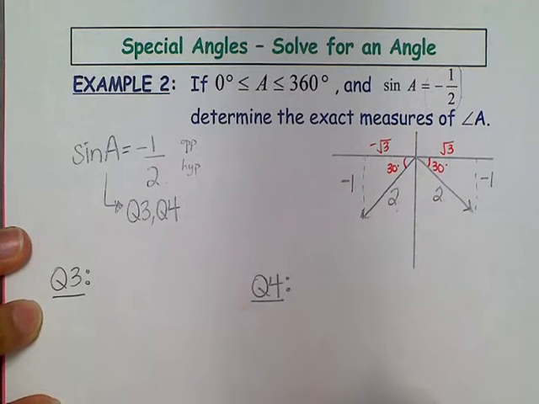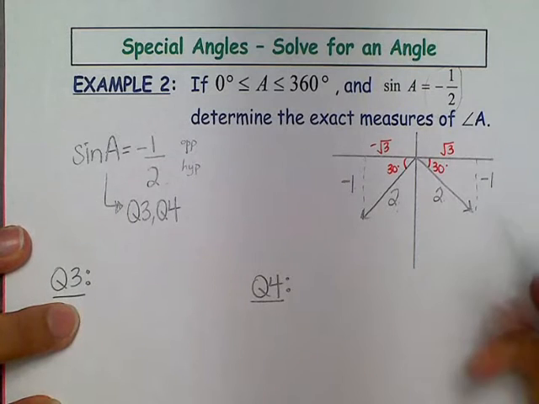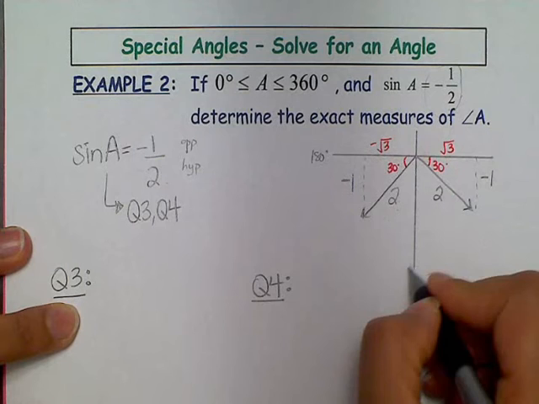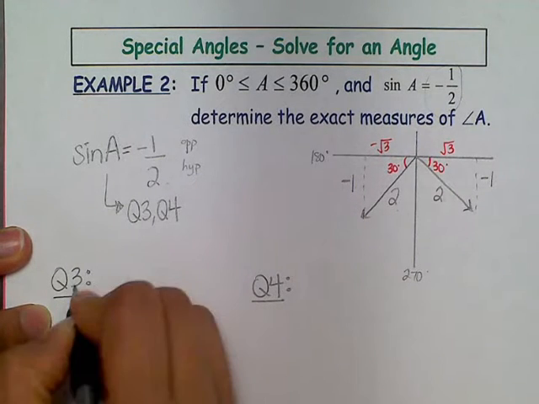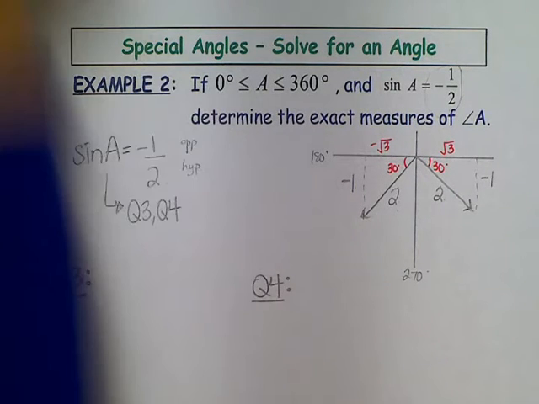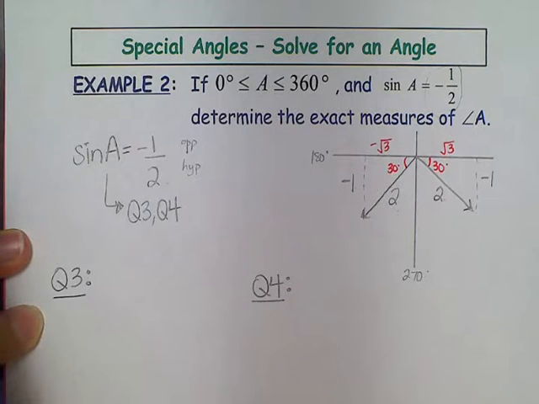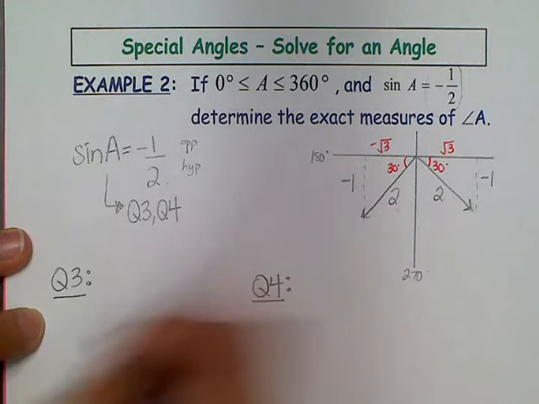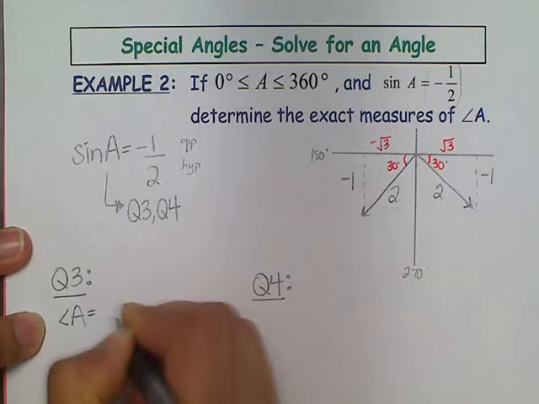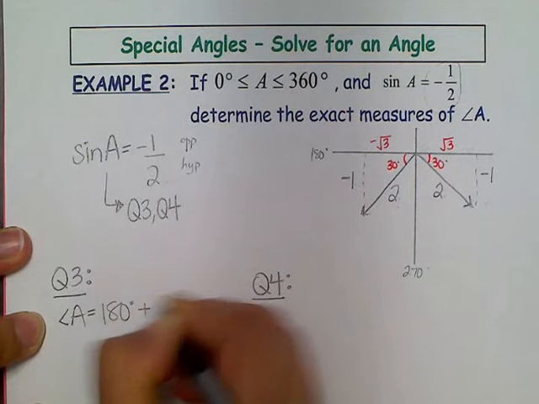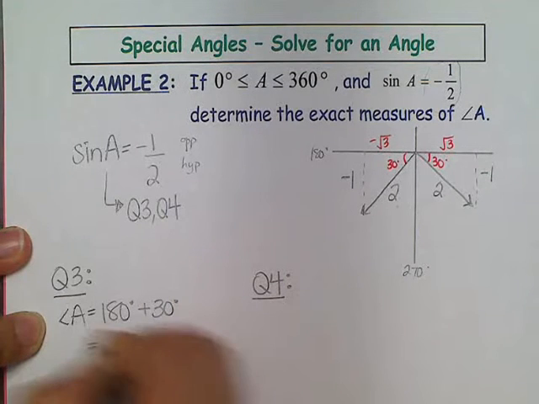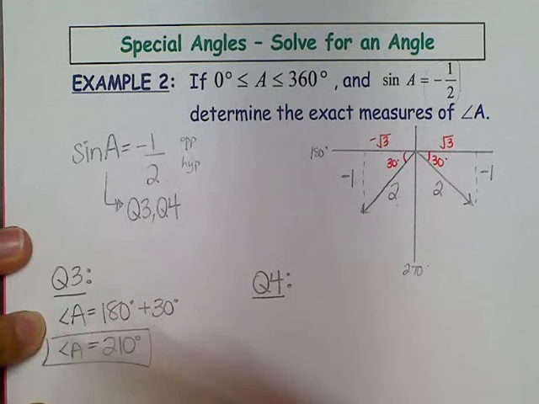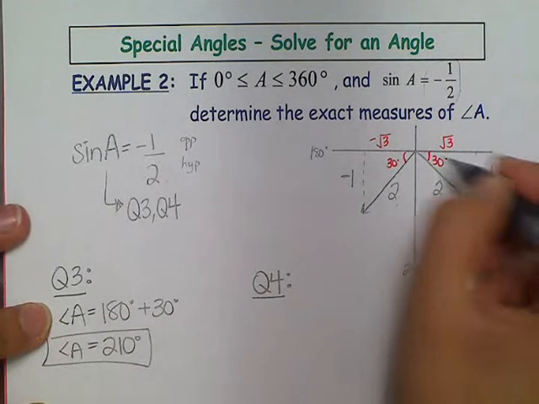Now what I could do is solve for the actual angles in each of these quadrants. In quadrant 3, this is more than half a rotation, so I'm expecting the angle to be between 180 and 270. And so in quadrant 3, angle A, and I'm using angle A because that's the angle measure we're looking at, we're not looking at theta, angle A in quadrant 3 would be equal to 180 degrees plus the additional 30-degree rotation. So angle A would be equal to 210 degrees. That's my first angle.